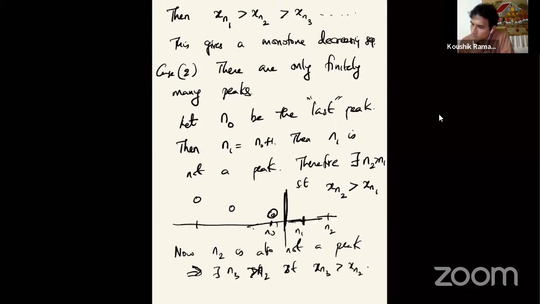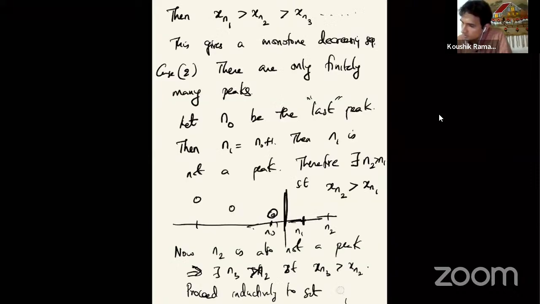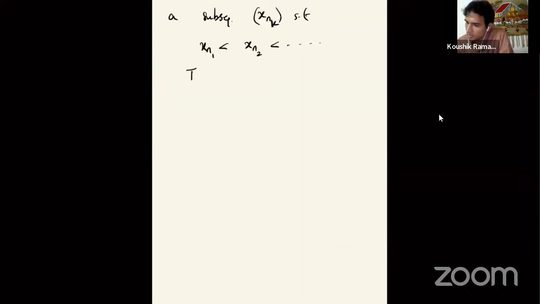You proceed in this way inductively to get a subsequence xnk such that xn1 is less than xn2, and so on. So this is monotone.